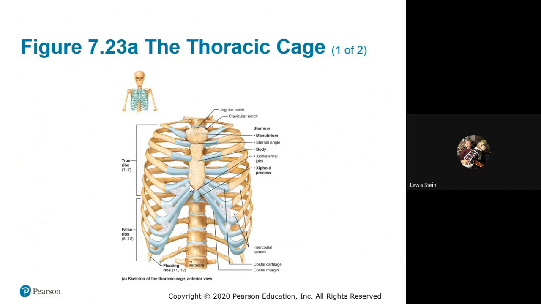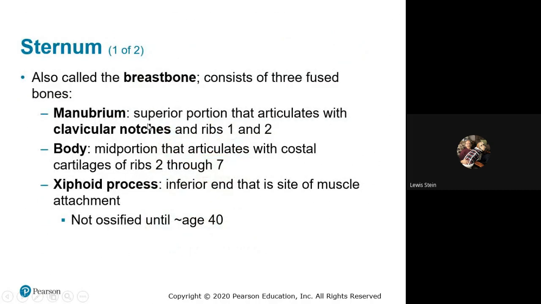And there's the xiphoid, which is more detached. When I do the appendicular, I'll bring that back out.